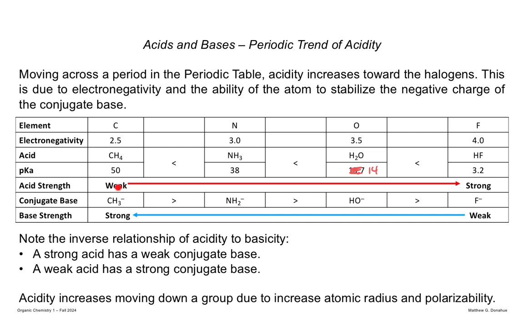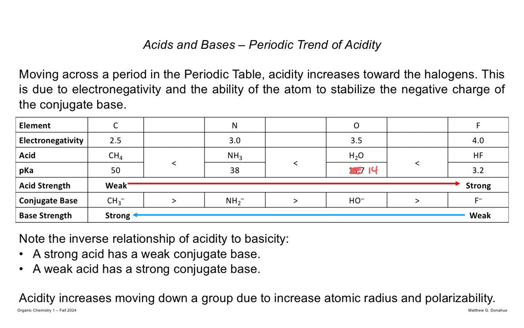So a weak acid has a very strong conjugate base. A strong acid has a weak conjugate base. So there's the inverse relationship between acidity and basicity. And so for any group, again, the groups are the vertical columns in the periodic table.